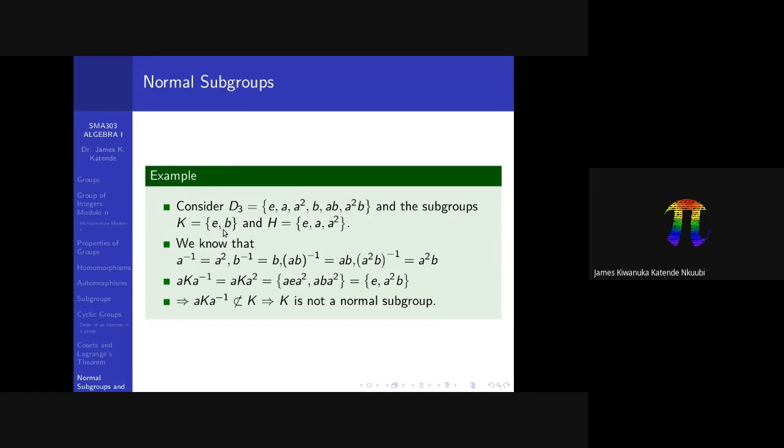I do that for E, and I do that for B as well. This is what we end up with, and it simplifies to this. You have E and A squared B. No, something is not right.